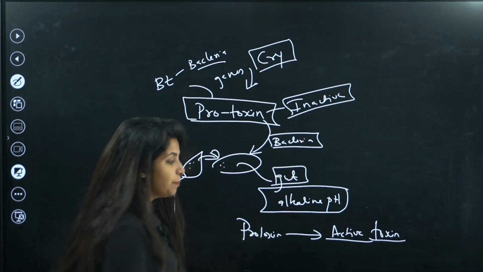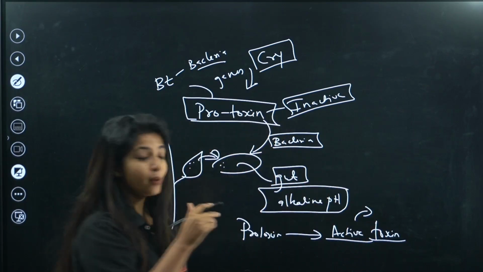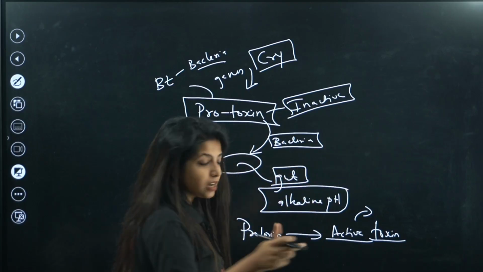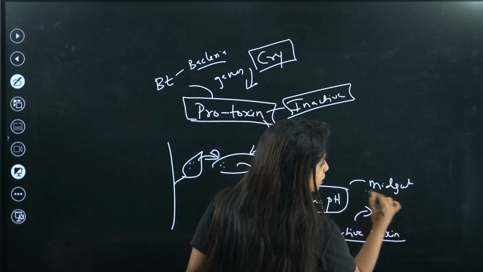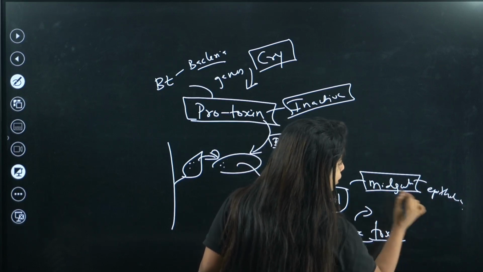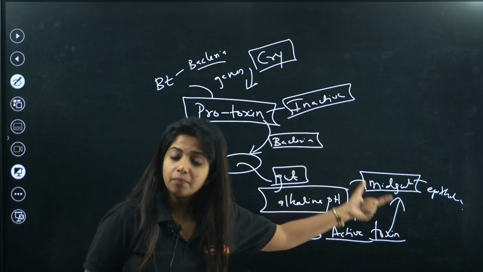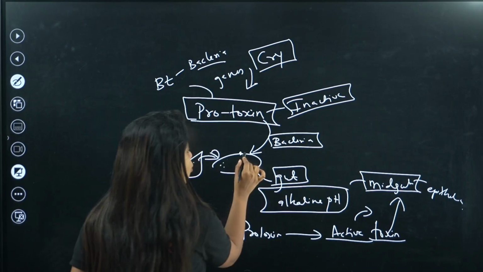And now what? Basically, this toxin attaches to the walls of the midgut. So you have the hindgut. So you have different variations, portions of gut. Now there is the midgut epithelium. In the midgut, the epithelial layer is where it will come and perform its action. The toxin affects the midgut epithelial layer of the insect and makes pores over here.